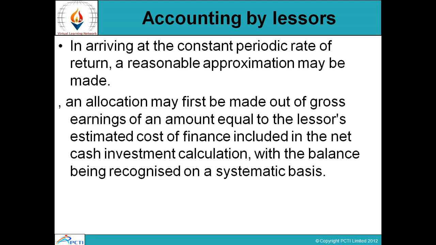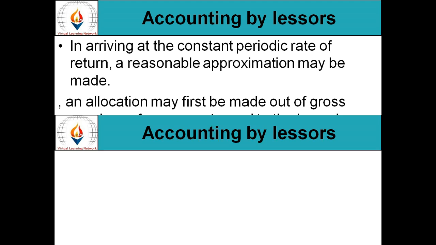In arriving at the constant periodic rate of return, a reasonable approximation may be made. An allocation may first be made out of gross earnings of an amount equal to the lessor's estimated cost of finance included in the net cash investment calculation, with the balance being recognized on a systematic basis.